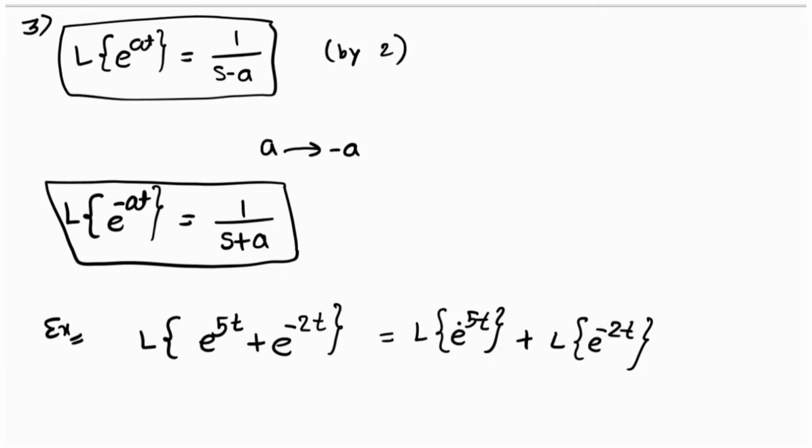This term contains a positive power, so its Laplace is 1 upon s minus 5, and this power is negative, so we use 1 upon s plus 2. So here we get the answer to our problem. Now the next formula is the Laplace transformation of t.